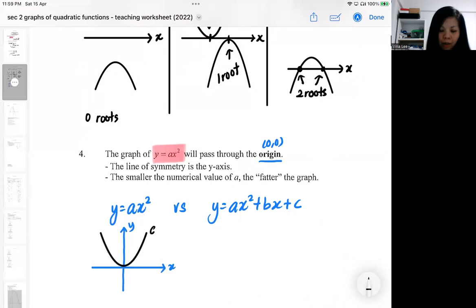It will pass through the origin if, let's say, a is positive. For example, if a is positive, it's something like y equal to 2x squared, so it will pass through the origin here.